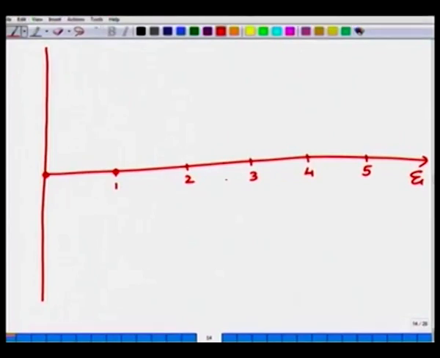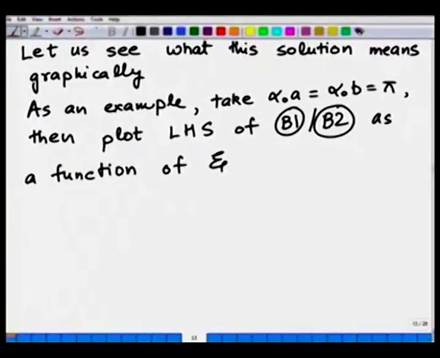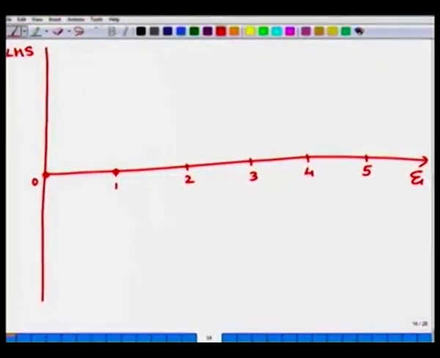Now I am plotting the left hand side for these values taken here. Let us plot this: 0, 1, 2, 3, minus 1, minus 2, minus 3. So, let us just plot this function.